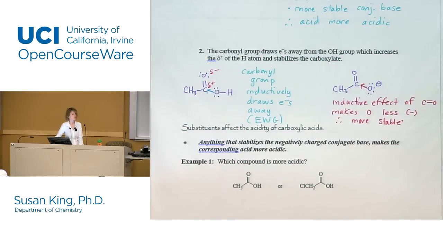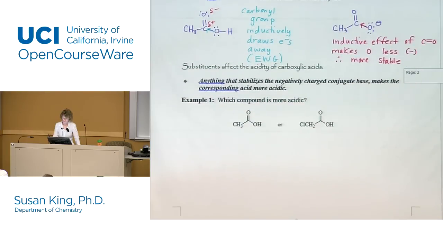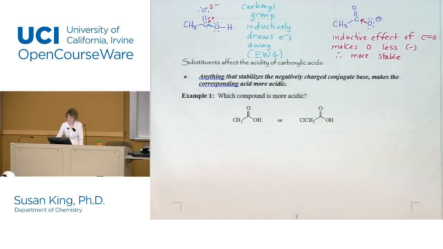So more stable conjugate base means the acid is going to be more acidic. And it turns out that if we have substituents, so that would be just plain acetic acid, but if we have substituents attached nearby the carboxylic acid, that's also going to affect acidity. So anything that stabilizes the negatively charged conjugate base is going to make the corresponding acid more acidic.